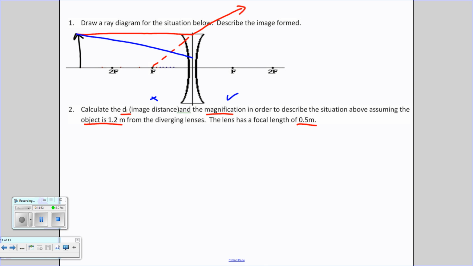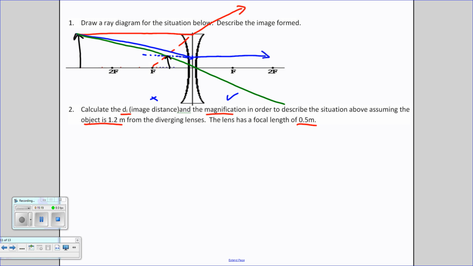In through focal, out parallel. Now it's a diverging lens, so I already know that I'm going to have to backtrack. So I could already tell you where my image is located. Well, let's do line number 3. Straight through the center. There we go. All 3 lines meet here.